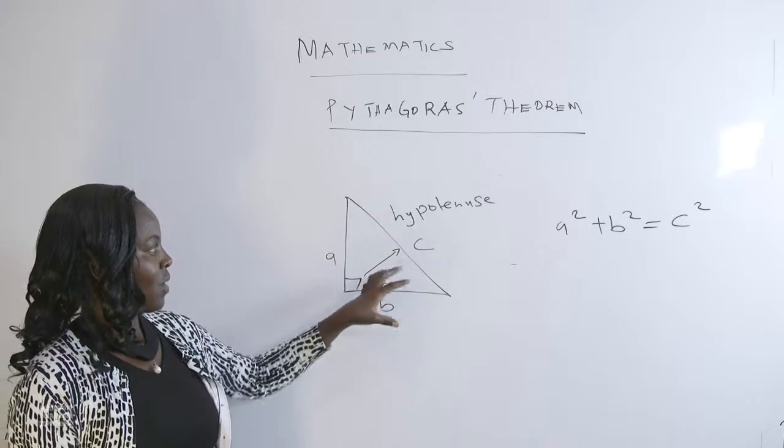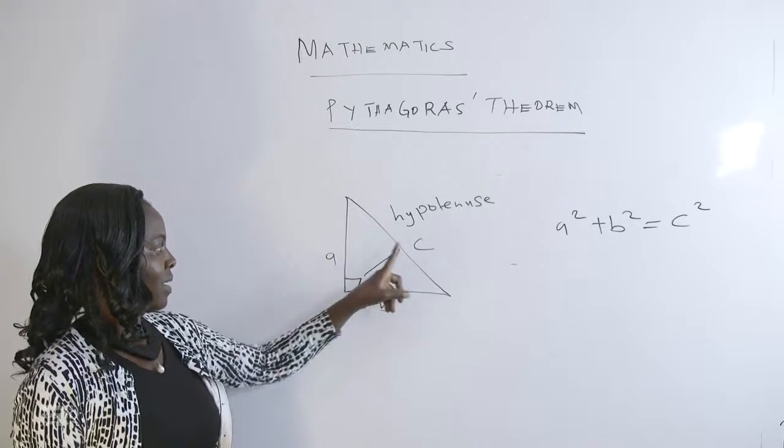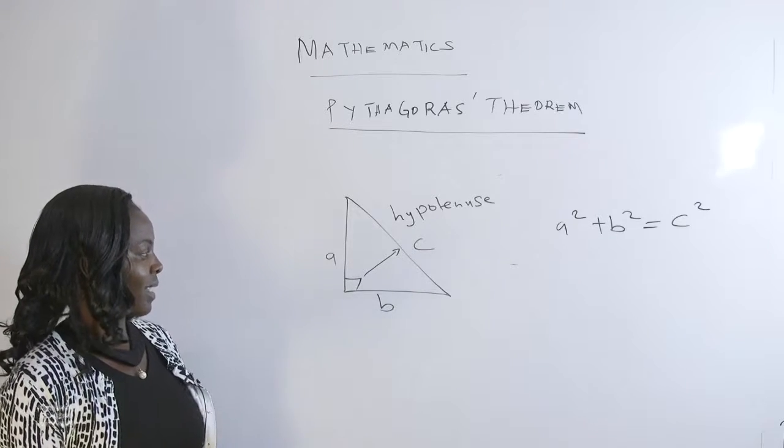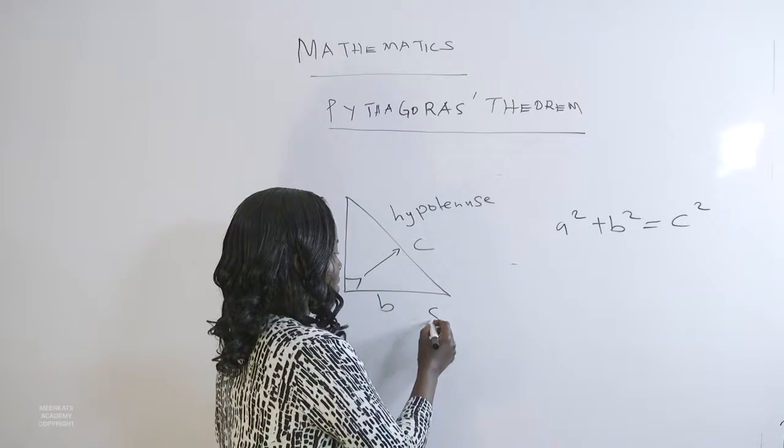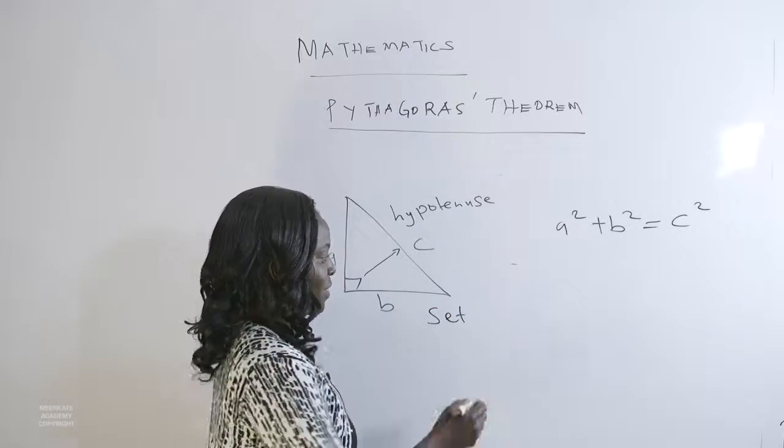That means we have the three sides of a triangle, which normally appear as a set of three whole numbers.